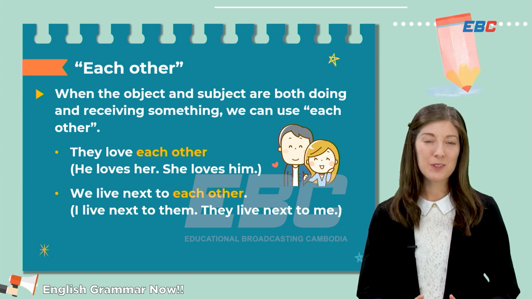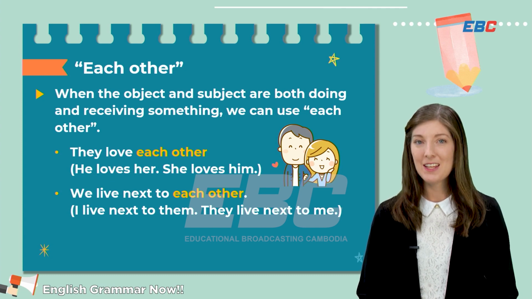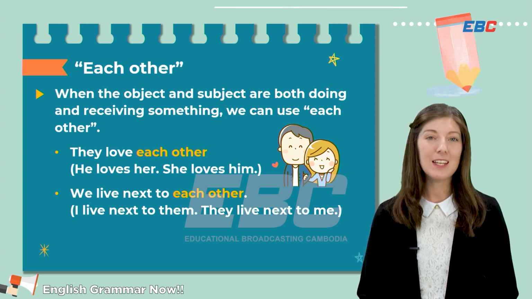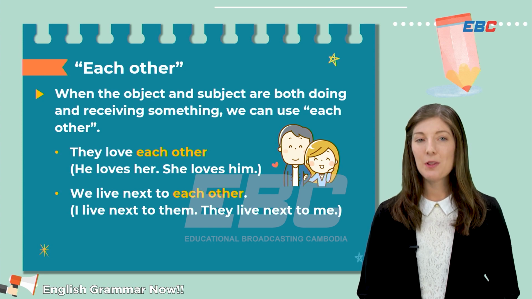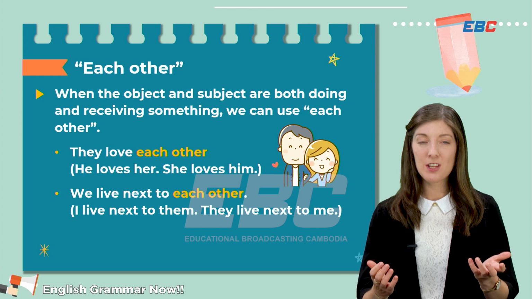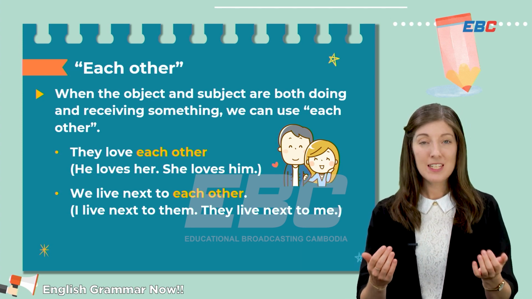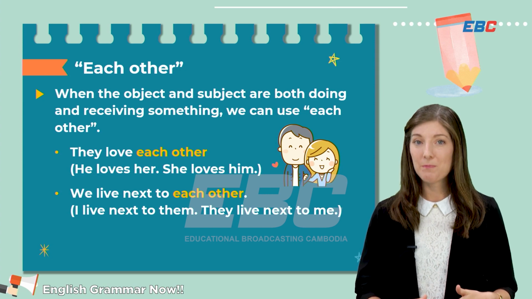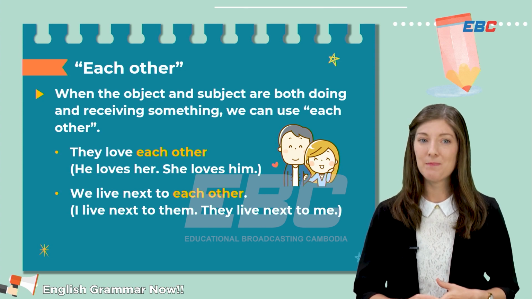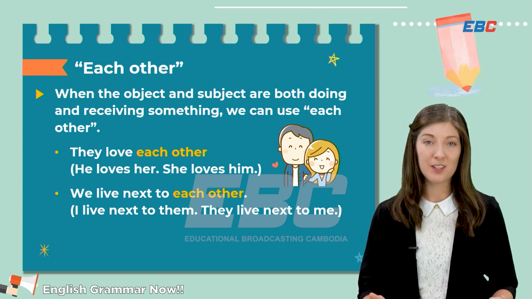One more tricky pronoun phrase that we might need to use is each other. Now, this one is used for when the object and the subject are both doing and receiving something. That's when we could use each other. Here's some examples. They love each other.